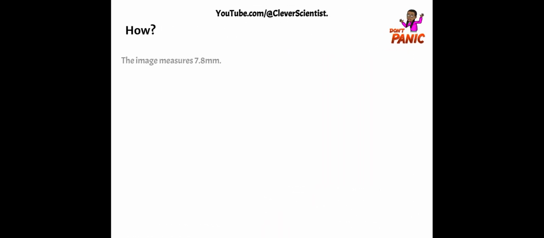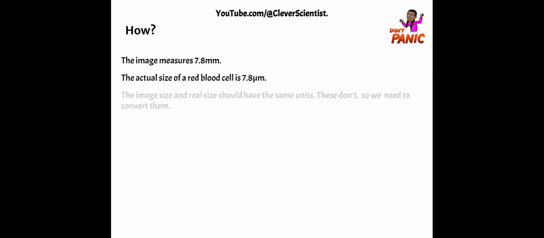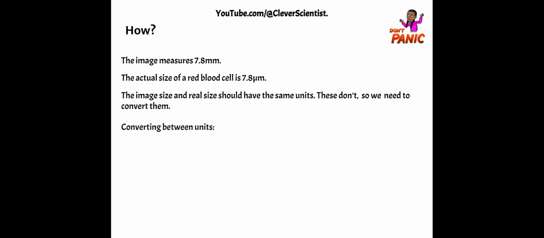How do we do this? We know the image size measures 7.8 millimetres and we know the actual size of the red blood cell is 7.8 micrometres. The image size and the real size should have the same units. These don't, so we need to convert them.